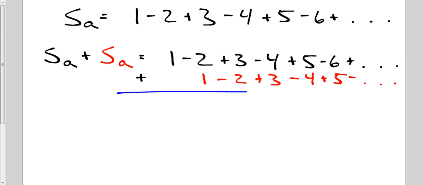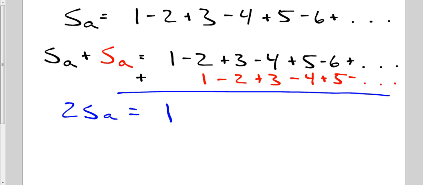Draw my blue line. What do I get on the left side of my equation? 2S sub A. 2S sub A. Very good. And now I get 1 plus 0, which is 1. Negative 2 plus 1, which is minus 1. 3 plus negative 2, which is plus 1.